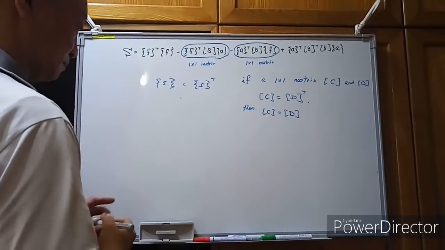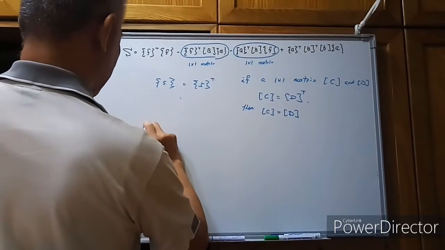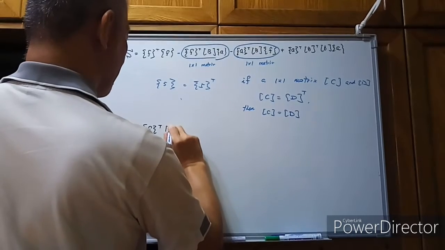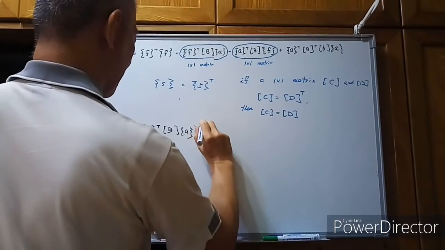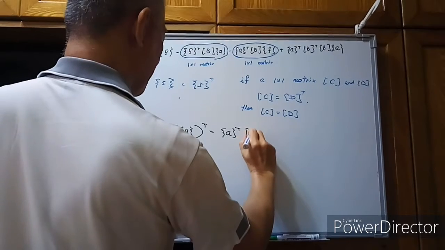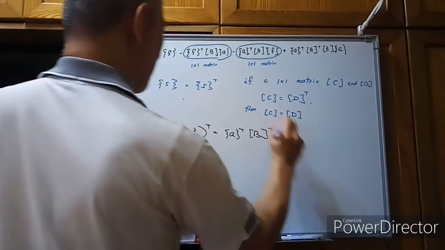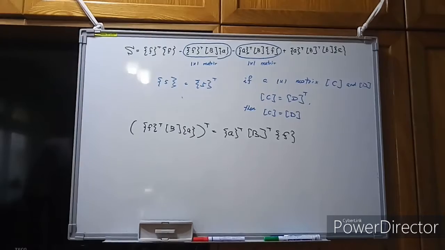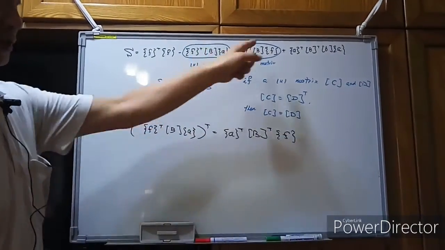And how do we calculate the transpose of the second one? If we make a transpose of the second term, it will be A transpose, B transpose, and the F. So it is the same.